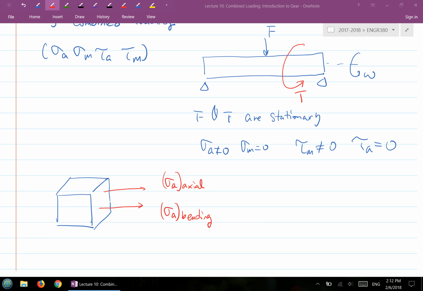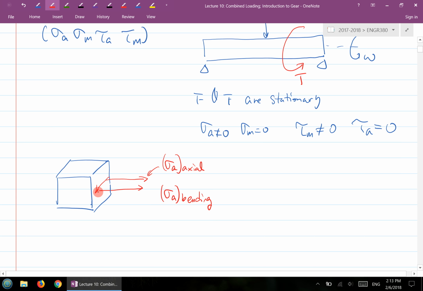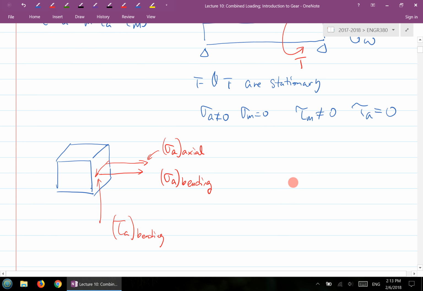At the same time, of course, you can have a shear stress. I should draw it horizontally. So at the same time, you can have a shear stress here. This shear stress, let's call it tau A, and that, of course, could be from torque or torsion.